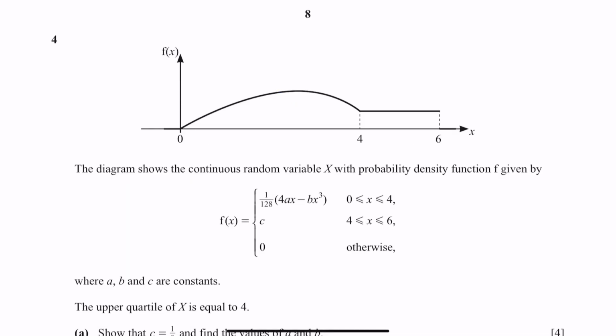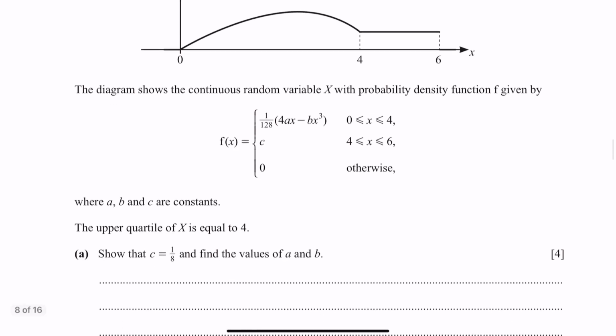Question 4. The diagram shows the continuous random variable X with probability density function f. So these two are the function f, and a, b, c are constants. The upper quartile of X is equal to 4.